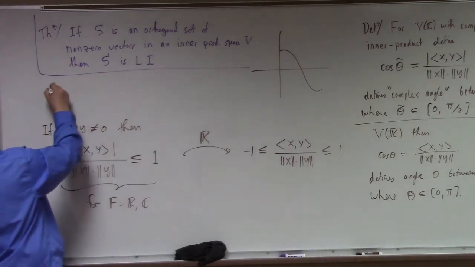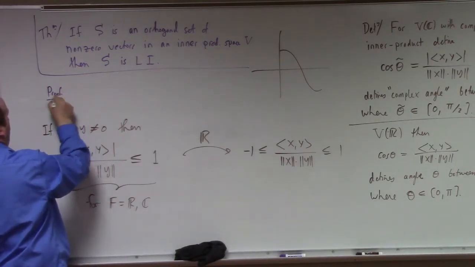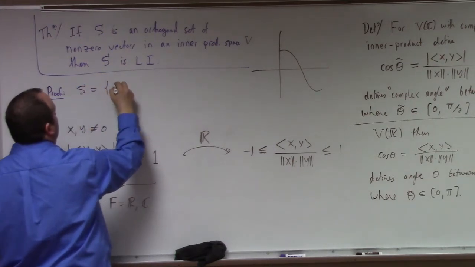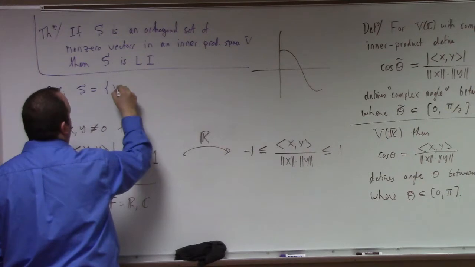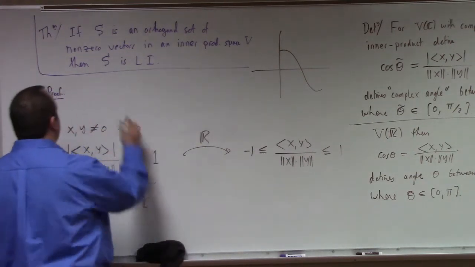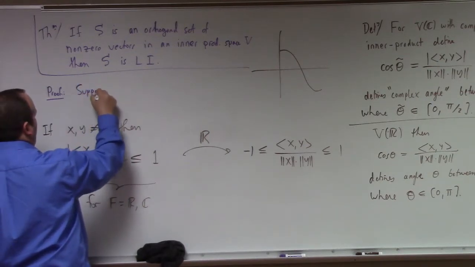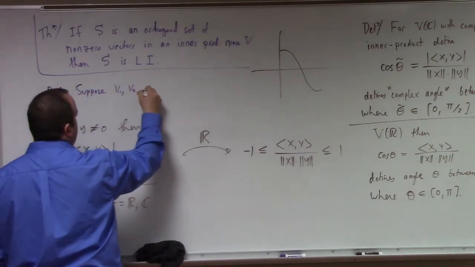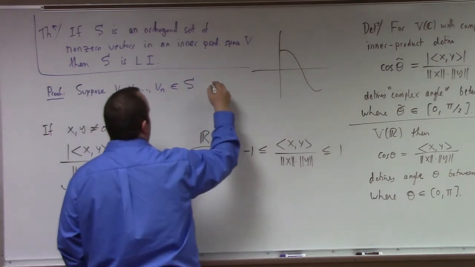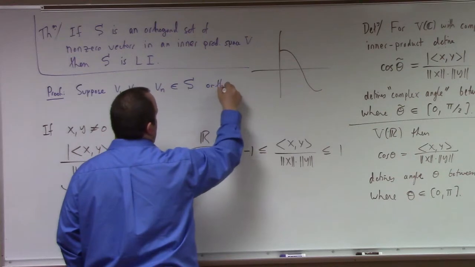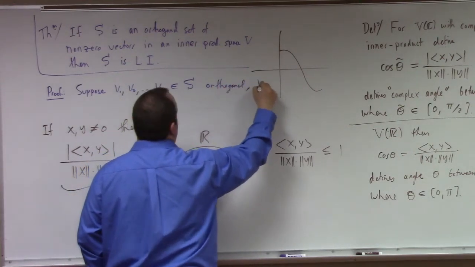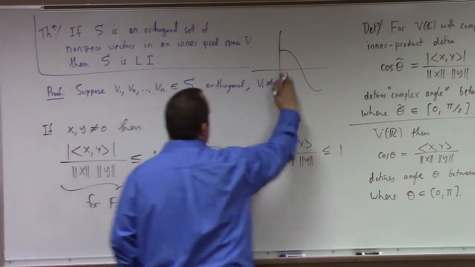Here's the proof. Be careful. Suppose we have v1, v2, ..., vn in S, which is orthogonal, and we're assuming that vi is not equal to 0 for all i.